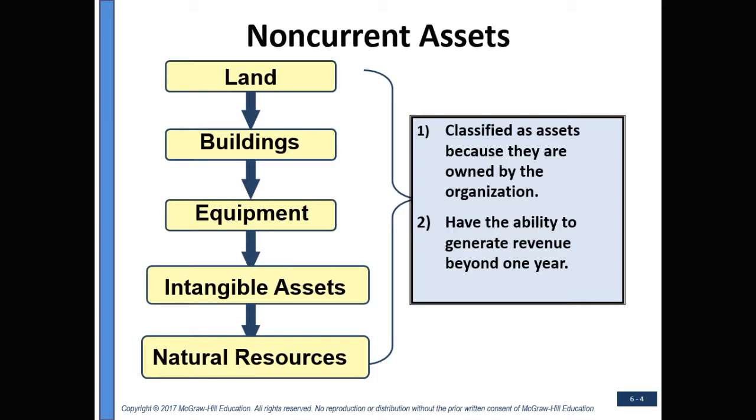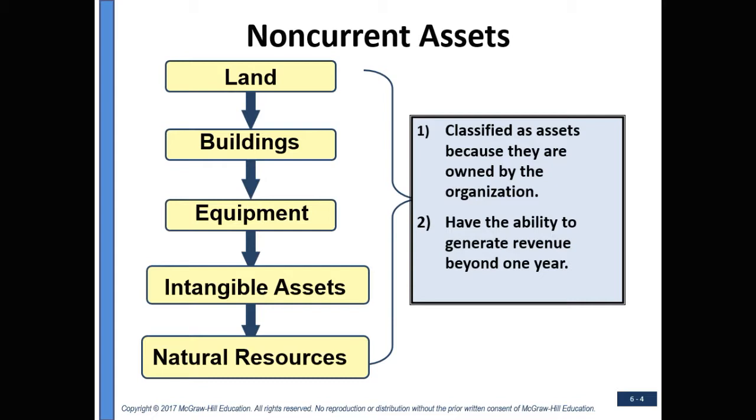What are non-current assets? Non-current assets are assets that have the ability to generate revenue beyond 1 year. So they go outside that 1 year, that operating cycle threshold. They're assets because they are owned by the organization.